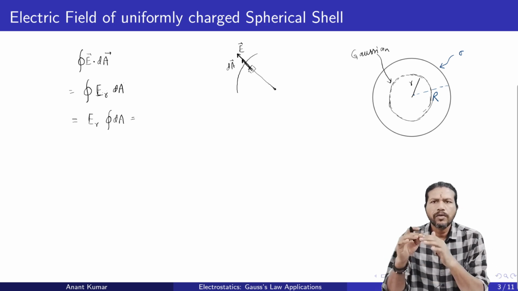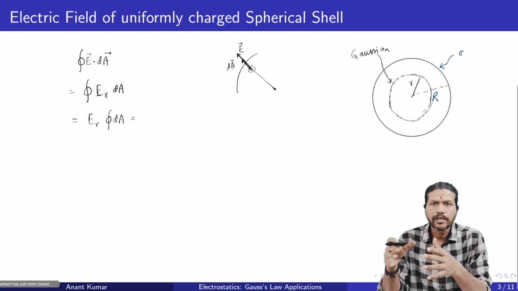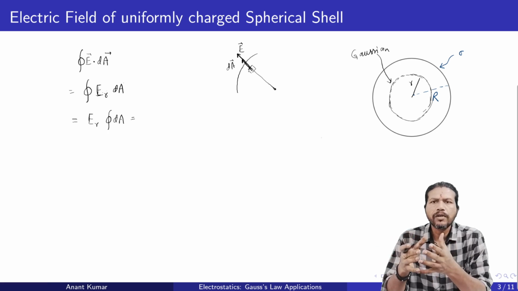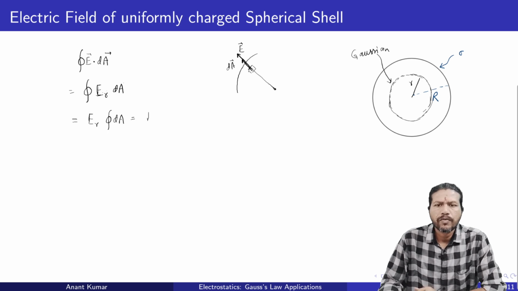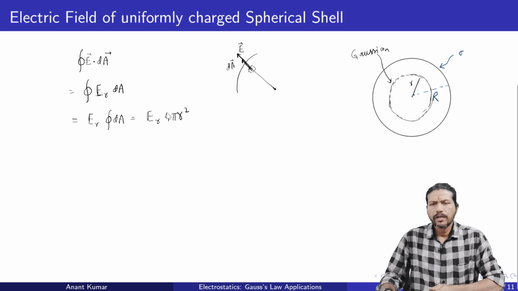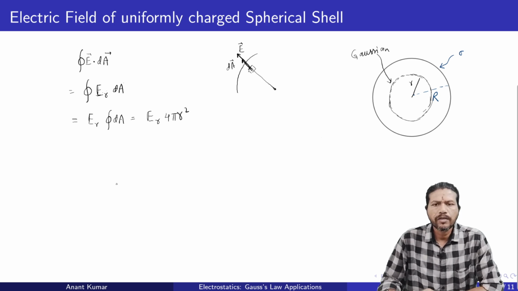When I add all the areas of those little patches, I get the area of the whole spherical surface, which is 4 pi r squared. As a result, in the case of spherical symmetry, we can always write the flux, the left hand side of Gauss's theorem, as E_r, the radial component, multiplied by 4 pi r squared.